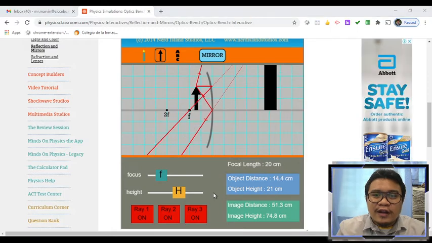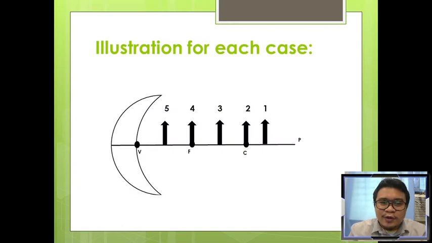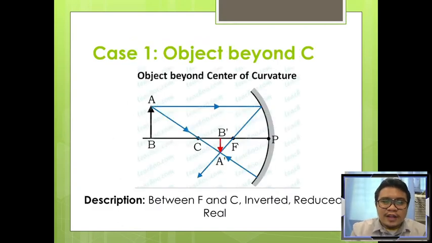Now, to summarize everything, class, let's go back to our PowerPoint presentation. Now, for an object that is beyond C, the description is always between F and C, an inverted image, a reduced one, and of course a real image.